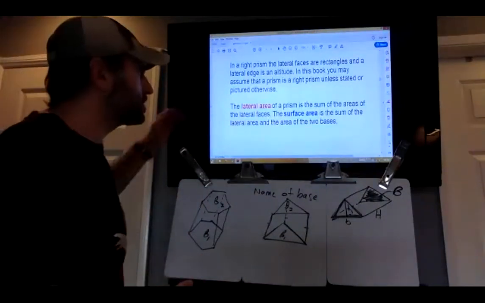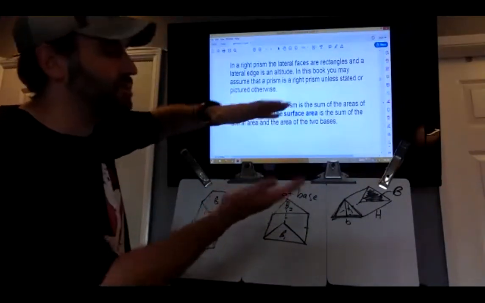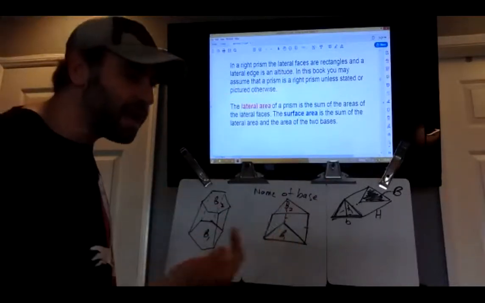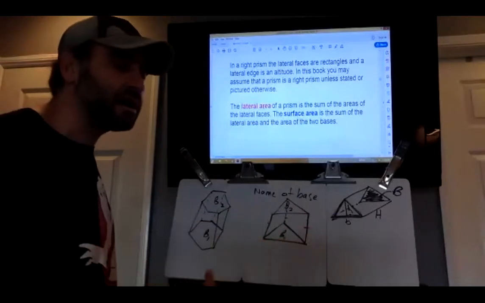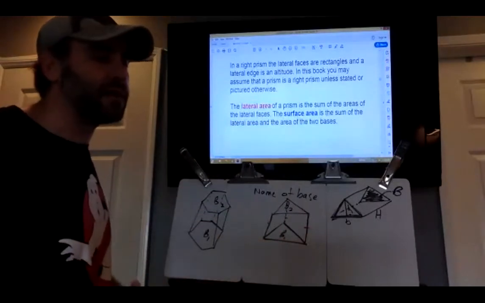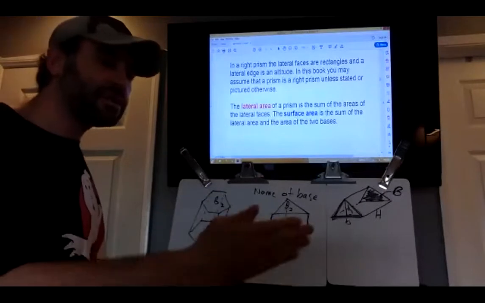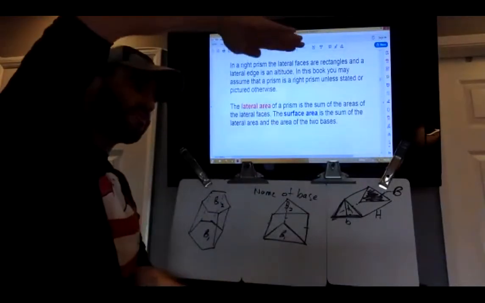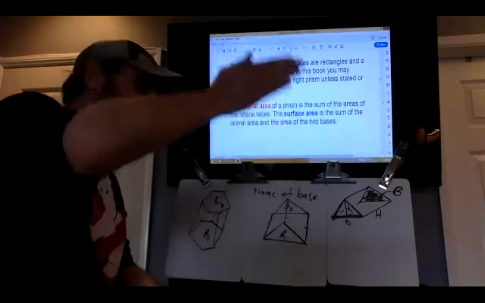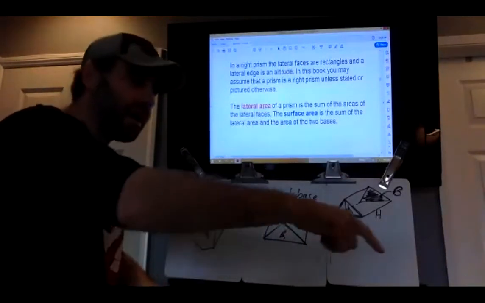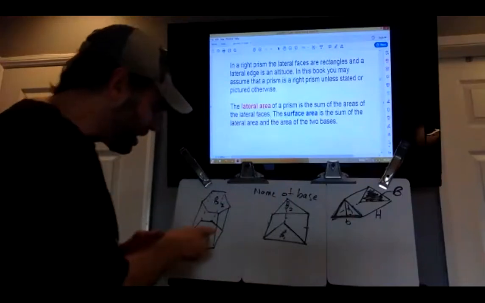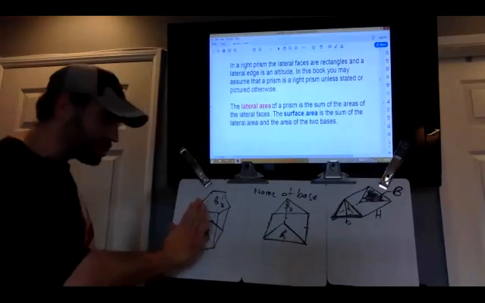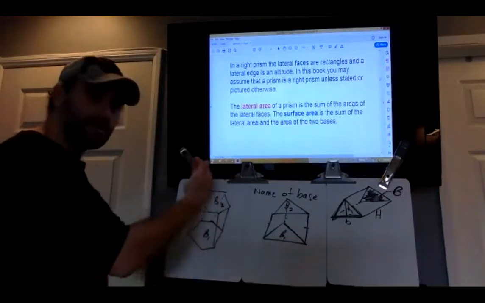And so the surface area will be, when you add those all up, two bases plus all of the lateral faces. Now the base could be an n-sided polygon. You could have a lot of sides to your base. For every side of your base, that's another vertical face that comes up to meet the other base. So you'll have a lot of lateral faces. If the polygon that makes up the base has n sides, then you're going to have n lateral faces that go around.